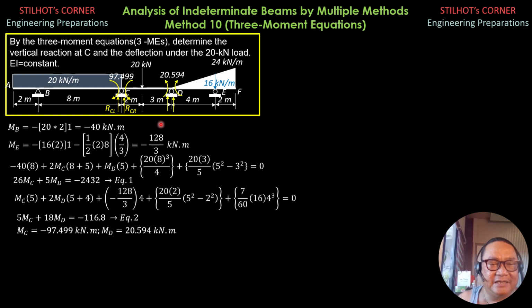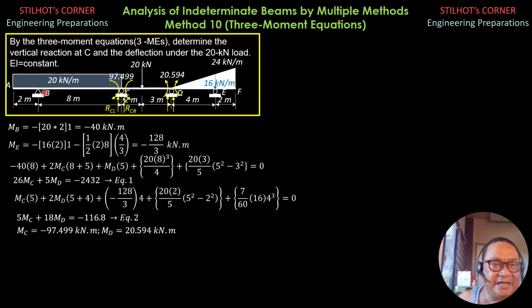Then at D, we have positive 20.594 and the support reaction at D, which consists of RD left and RD right. I will not name them. The important support reactions are RC left and RC right.